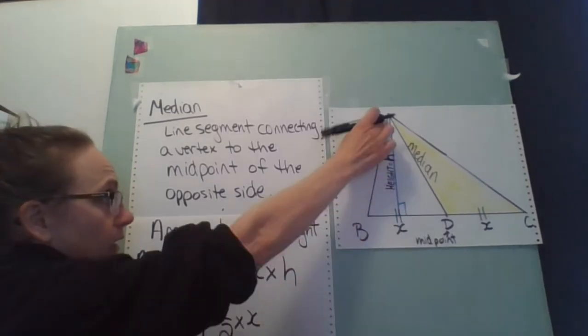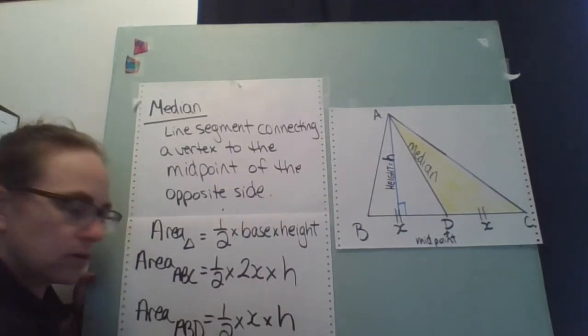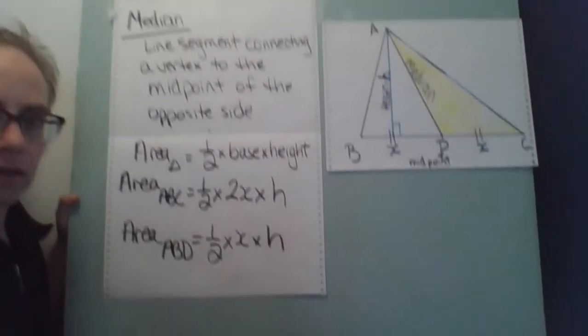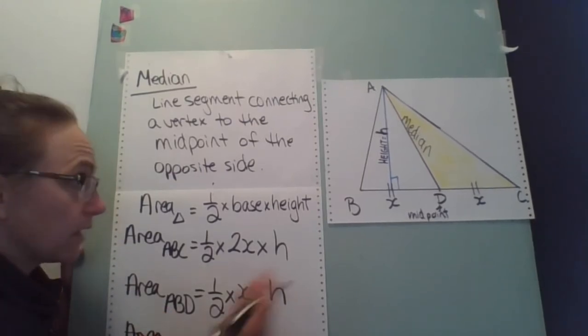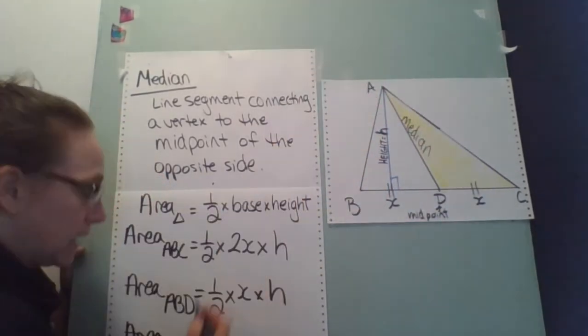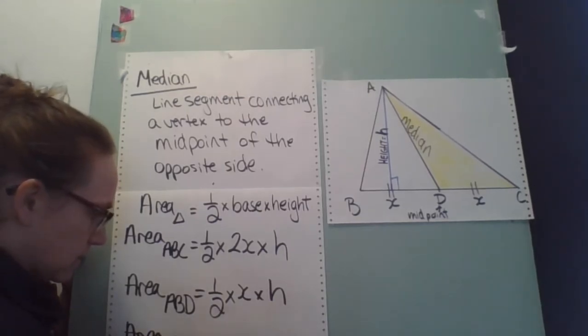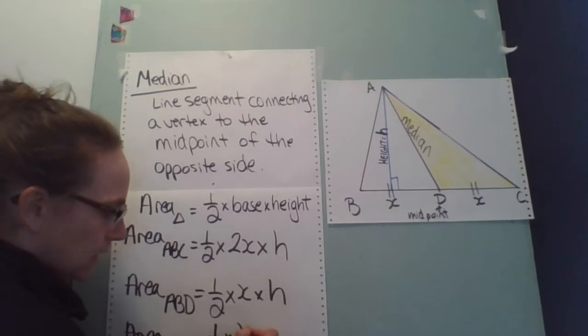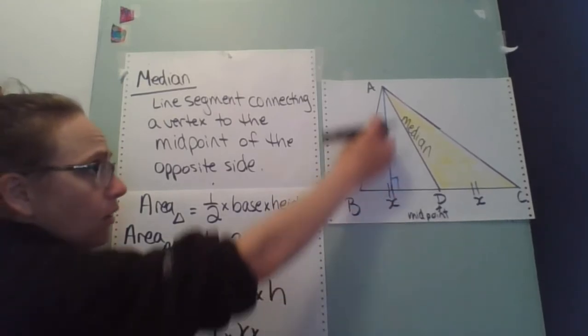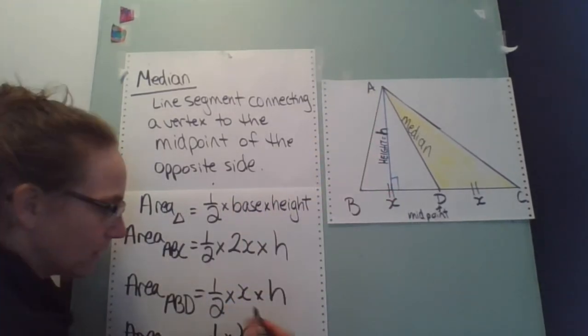X. What's my height? Oh, it's H. Okay. How about the area of my yellow triangle, ADC? Half times, what's my base? X. What's my height? Oh, it's still the line that's over here.